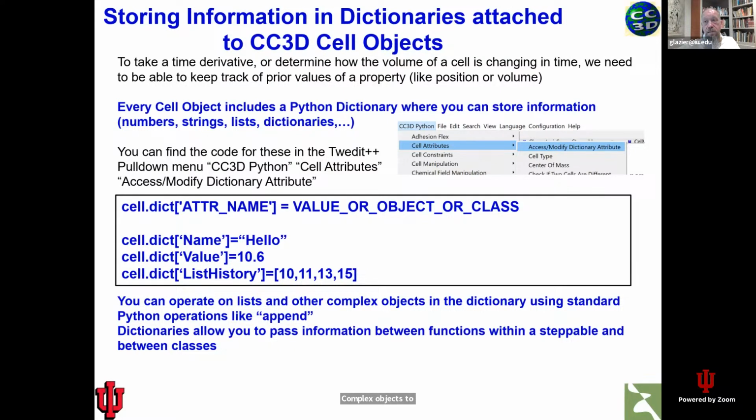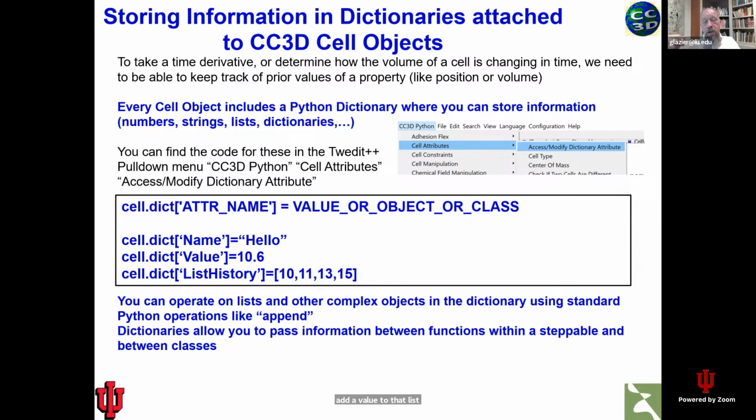I can add a list. Cell.dict list history equals 10, 11, 13, 15. I can add a dictionary to a dictionary if I like. That's very powerful. All the operators for slicing and everything else. I can do a cell.dict list history dot append and add a value to that list.